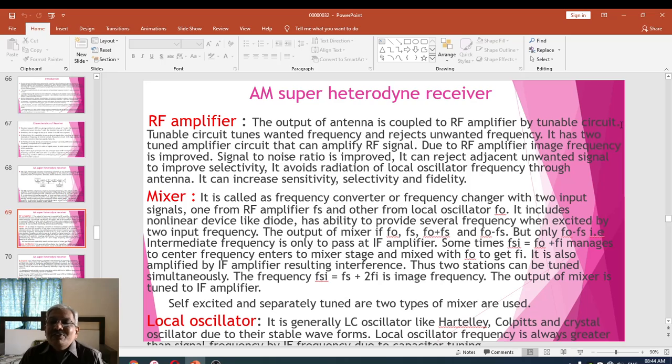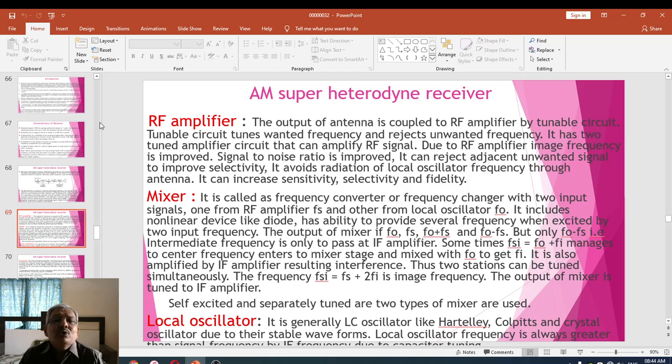The series resonance circuit accepts the wanted frequency and the parallel resonance circuit rejects the unwanted frequency. So the tunable circuit tunes the wanted frequency and rejects the unwanted frequency.